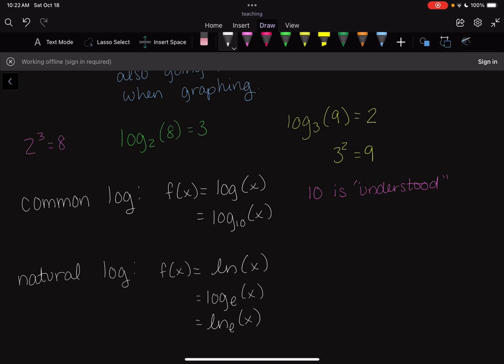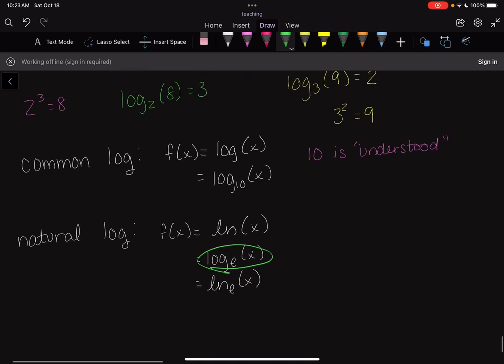You would really never see that, though. Log is for 10 or any other weird base. If we ever use like 2, 4, 80, we're going to write log. ln is specifically used for e.